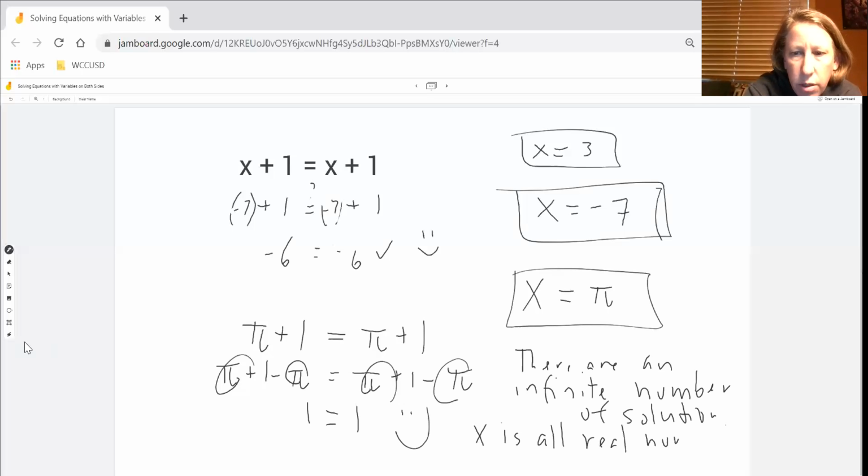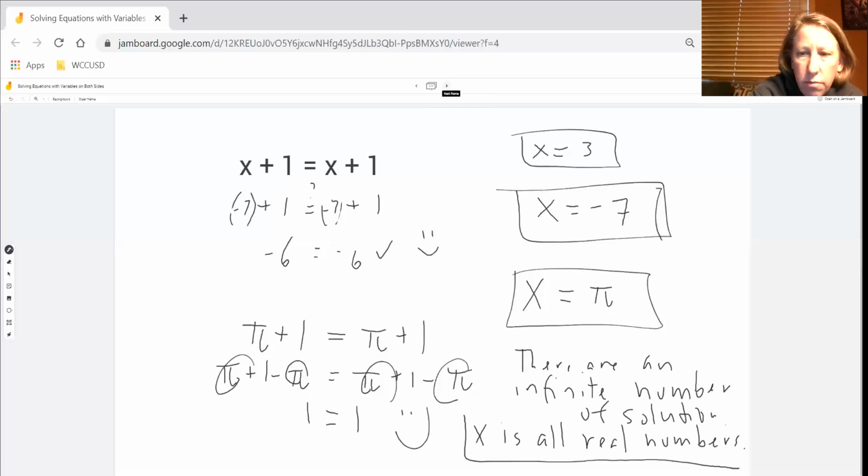Any number that you think of can be an answer to this problem, because the problem itself is an identity. Saying x plus 1 is the same as x plus 1 is saying it doesn't matter what x is, you're going to have the same thing. This is my favorite answer. This is a more math answer because you're telling me what the answers are. It's any real number.